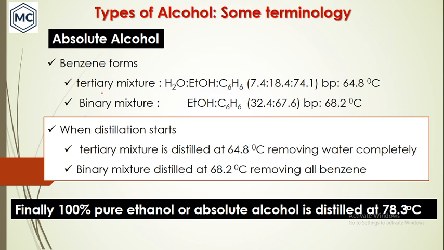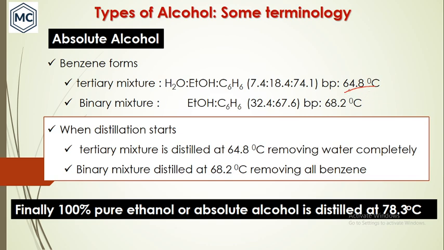Benzene can form mixtures of solvents. It can form a ternary mixture in this ratio, water, ethanol, benzene, as shown here. And this ternary mixture boils at 64.8 degrees Celsius.